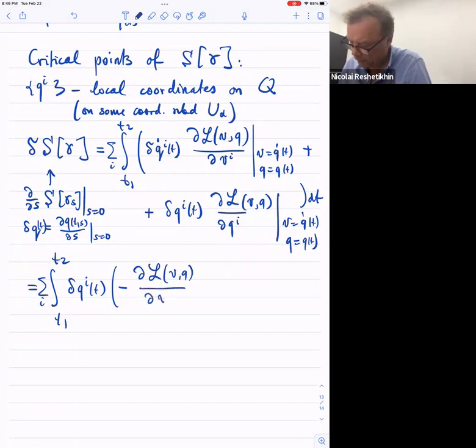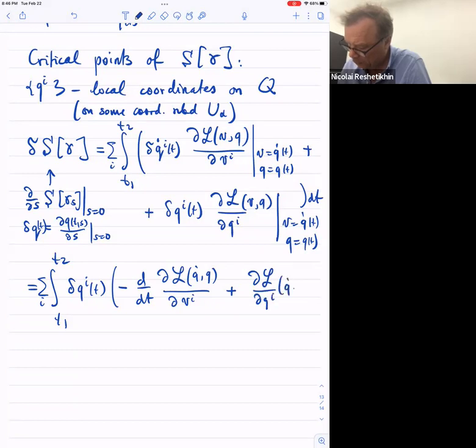So I'll abuse notations. I'll write it like this. I'll just put q dot q over here. And I forgot I differentiated by parts, so this is also d/dt, minus, or rather plus, dL/dv^i of q dot q. Integral over dt.